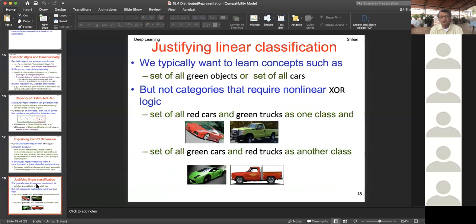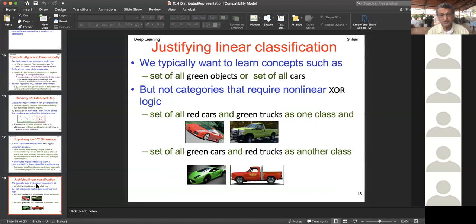And why do we insist on linear classification in a distributed representation? If you recall, the last step in a deep learning network is usually softmax, which is linear. This is similar to how we human beings do things. We typically want to learn concepts that are fairly simple. We don't want a nonlinear classification at the final stage.